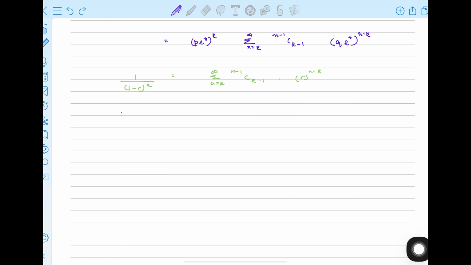Here, r is given by q into e to the power t. This gives us, therefore, the MGF is given by.